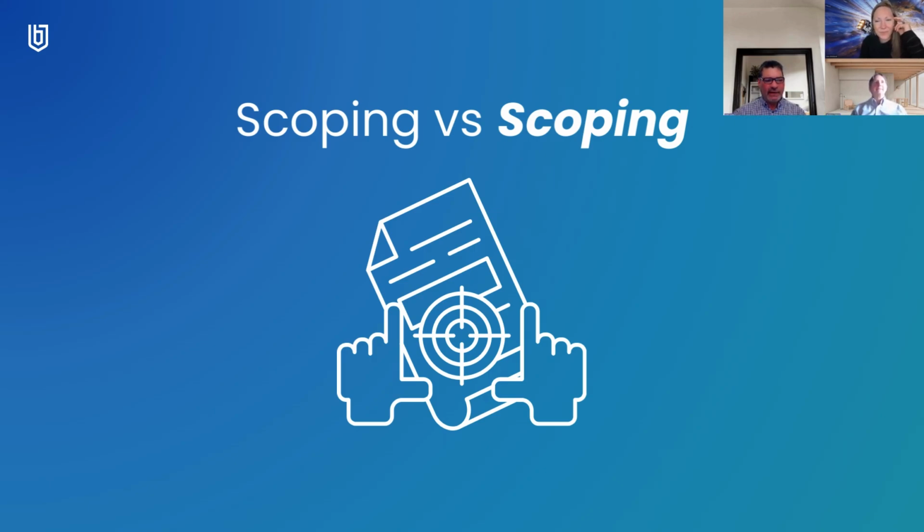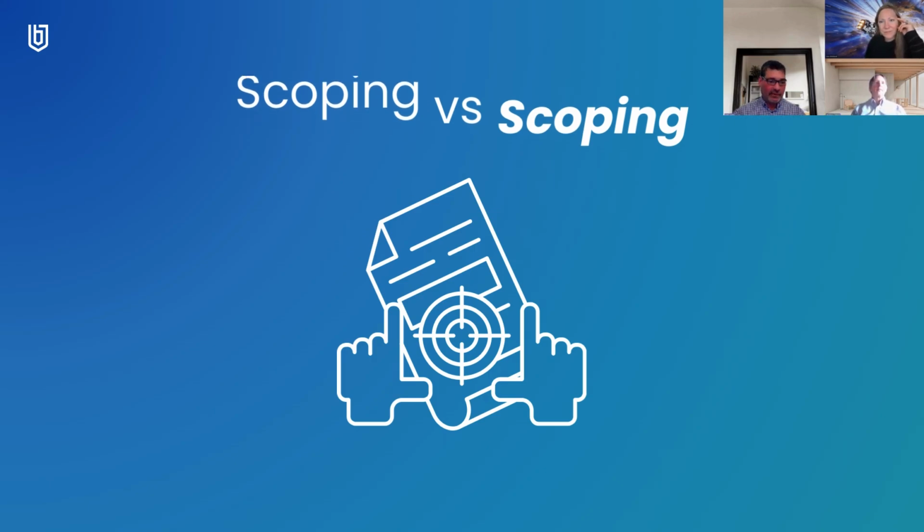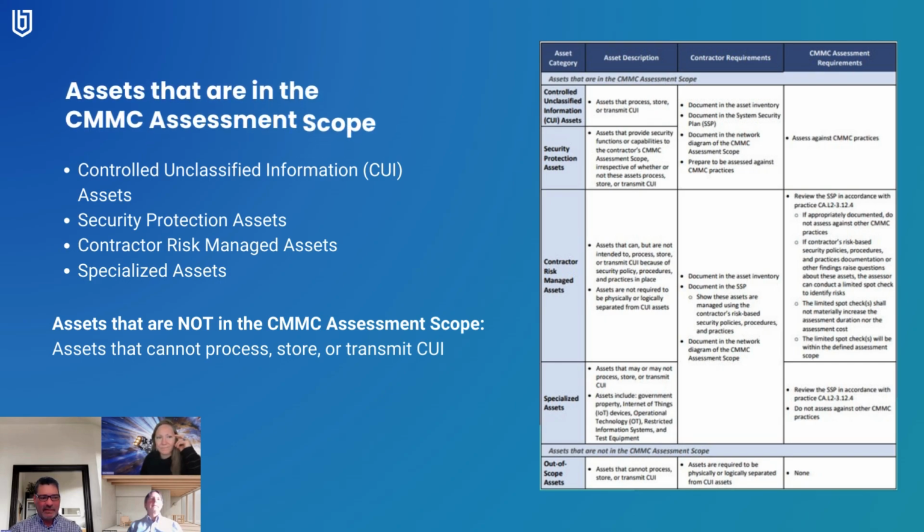And Leia, the next concept really are the assets. Do you want to address that for the audience? Yeah. So what Bob's talking about is really beginning with the end in mind, right? In the end, we want to make sure that we are fulfilling our contractual obligations to protect FCI and CUI. And DoD provides us with a document.